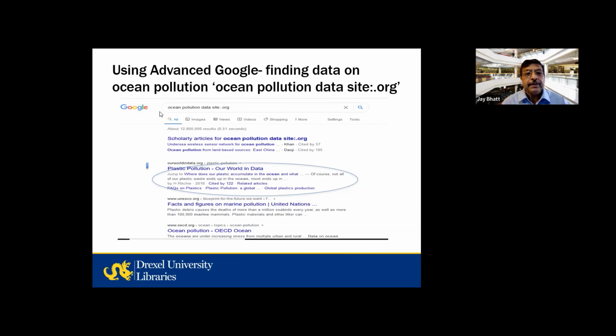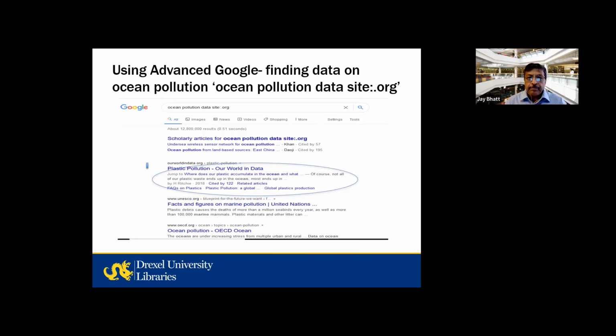And you can also simply type in Google. So if you're interested in carbon nanotubes and drug delivery kind of data, then you can use that keyword and then put site, then colon and dot. If you want gov, then it will find data generated from the government websites.